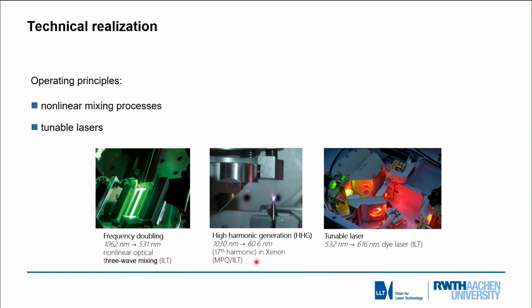So with extreme laser intensities, we can generate up to the 17th, the 20th harmonic of an initial wavelength. In this case, a 1 micrometer radiation has been converted to 60 nanometers in the 17th harmonic.